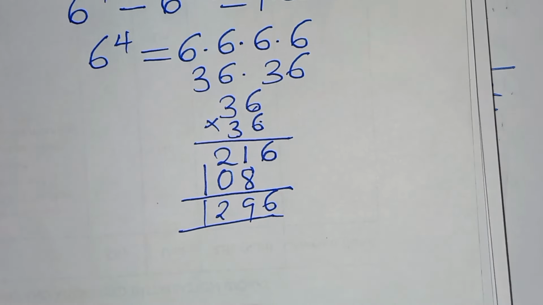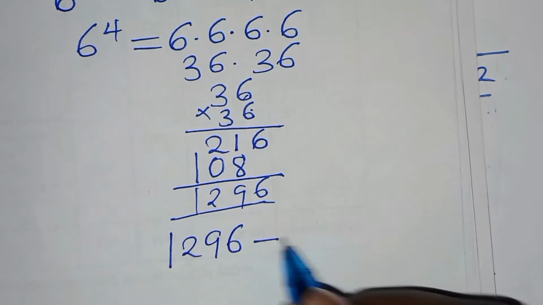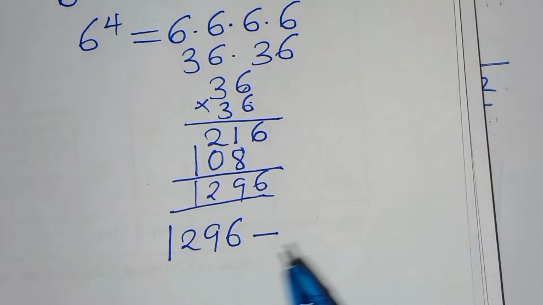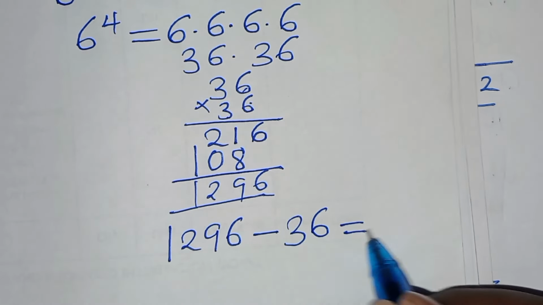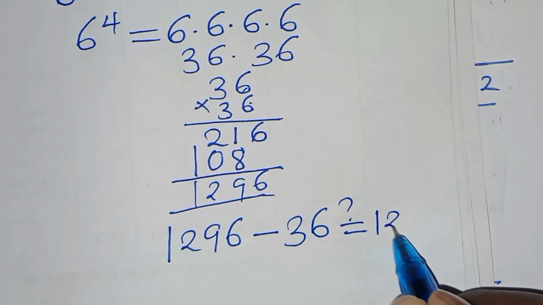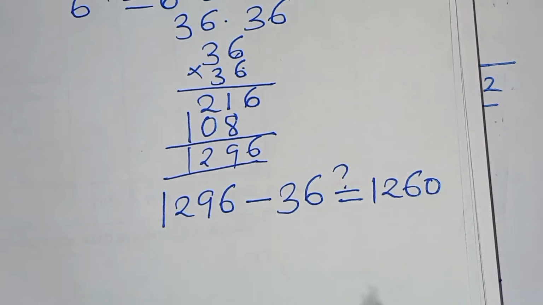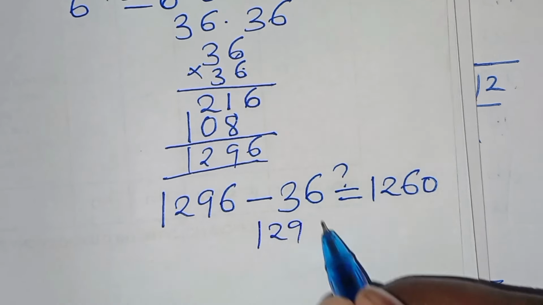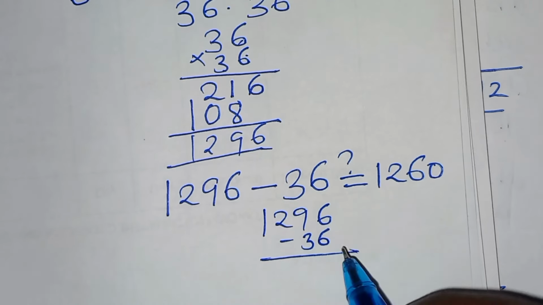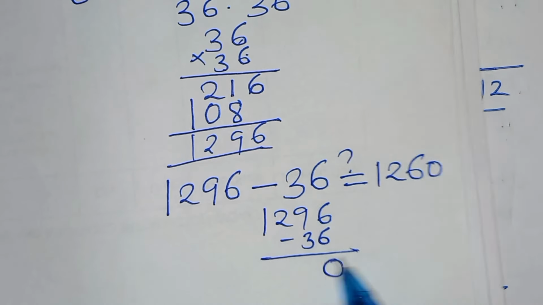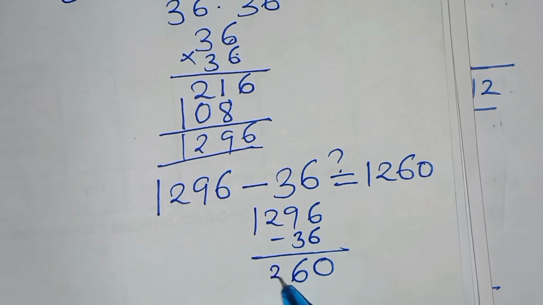So from here, we have 1296 subtract 6 squared, which is 36. This is supposed to give us a value of 1260. So we have 1296 subtract 36: 6 minus 6 is 0, 9 minus 3 is 6, then we have 2 and 1.